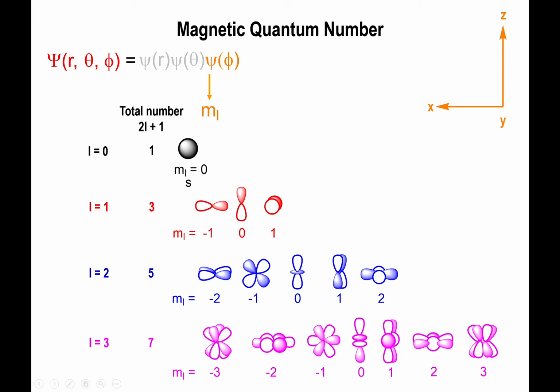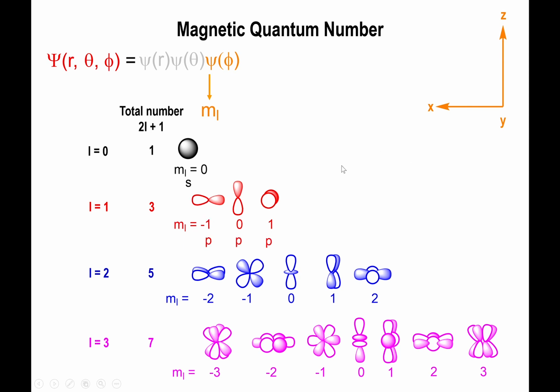If you look at this Cartesian coordinate system, with the z-axis pointing up and down, the x-axis pointing left and right, and the y-axis going in and out, then you can say that the p orbital shown here that's going left and right coincides with the x-axis, so this will be known as the px orbital. And the one that's going in and out coincides with the y-axis, so that's known as the py orbital. And then, of course, the one going up and down is the pz orbital, basically telling you which direction the orbital is located in.